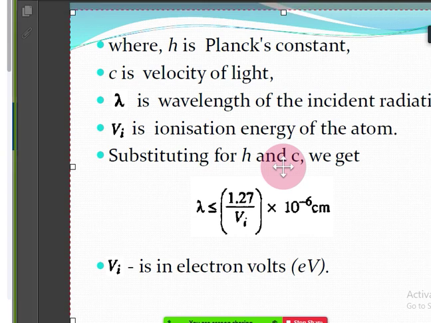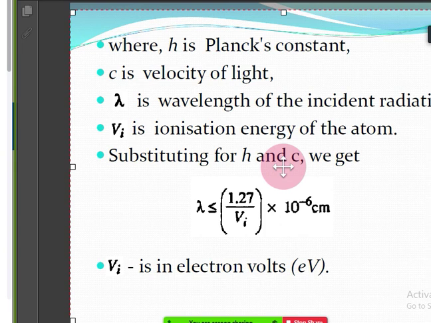To summarize, what is meant by ionization potential? It means photoionization. Photoionization means the atoms absorb radiation and give electrons, or they become ions.